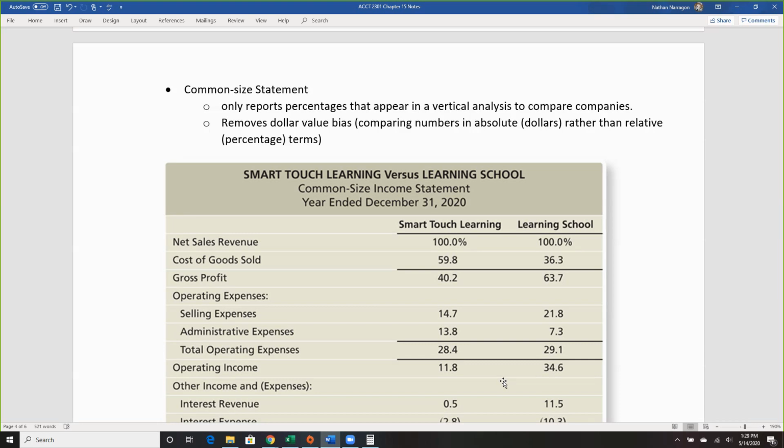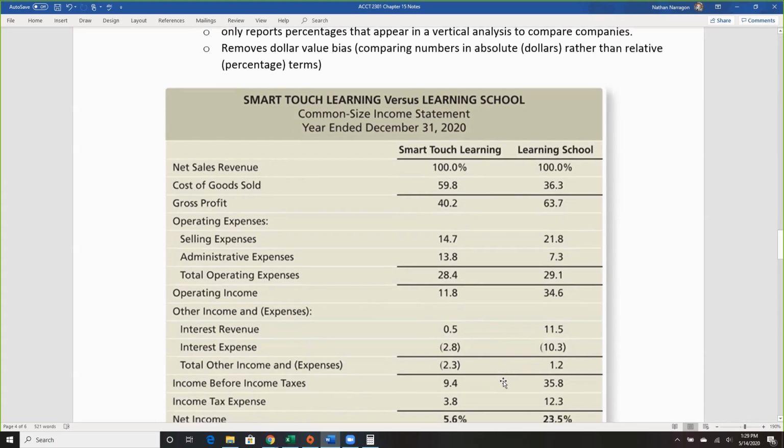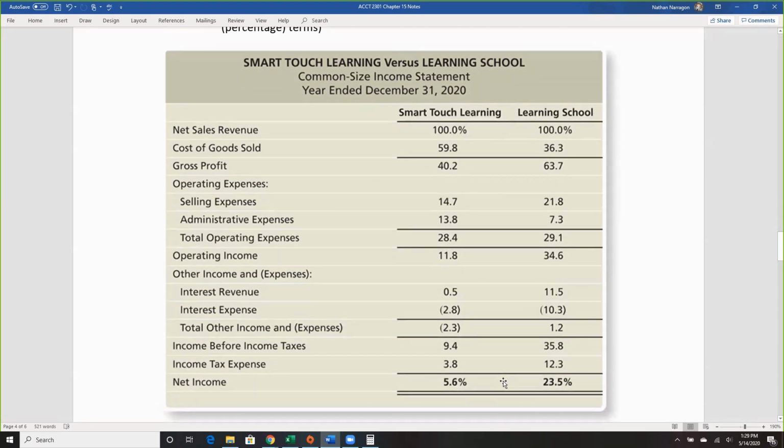So we want to draw out as much of a comparative advantage as we can. So, removing the bias of looking at the absolutes, we're going to really just look at the relative terms or percentages. So here's the comparison between Smart Touch Learning versus the Learning School.